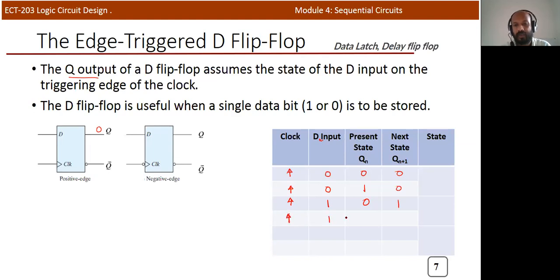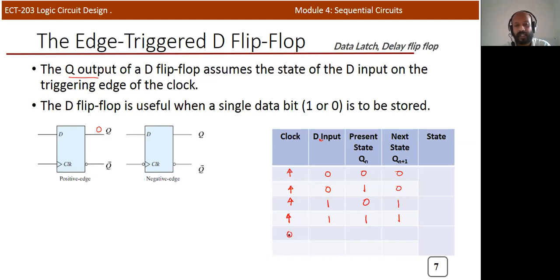Rising edge, input is 1 and the present state is 1. Because the D input is 1, the output is equal to 1. Okay, so these are the four different possibilities that you can consider in a D flip-flop.